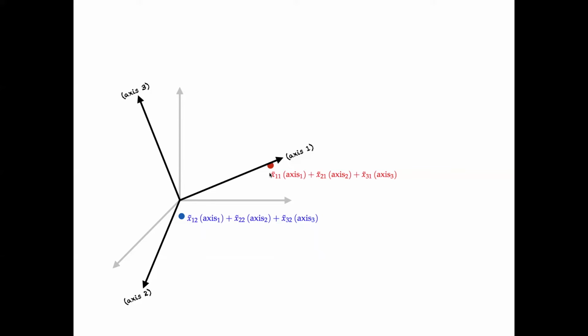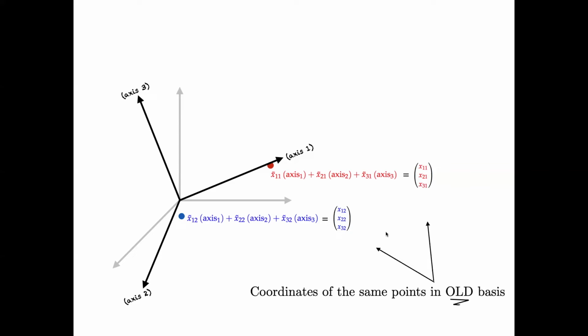So again, these new coordinates tell us how far to go along axis 1, how far to go along axis 2, and when I work all of that out, I will get the same original coordinates. Just like in the previous video, we had the 2 examples for the elementary students and those representations were equal. The same thing will be true here. I can still get to the coordinates of the same points in that old basis.